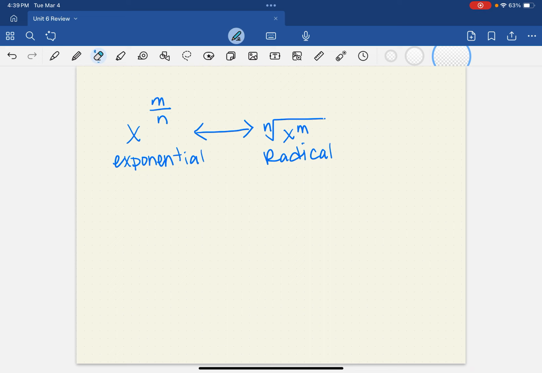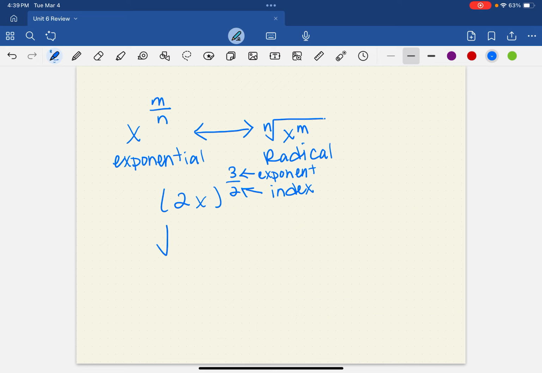So let's go ahead and do our first one. Number 8 is 2x to the power of 3 over 2. So this is my index. This is my exponent. So I am going to have a square root because that's my index.